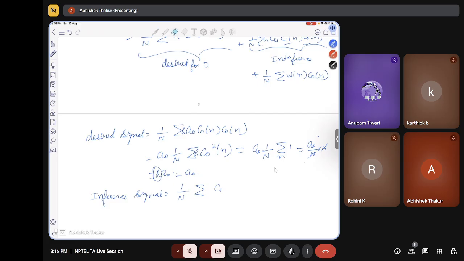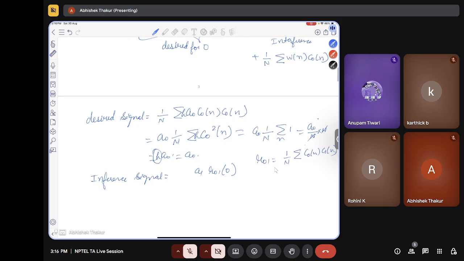We can write this as the correlation R01, so it is A1 into R01. Yesterday we studied that R01 is 1 by N summation of C0[n] and C1[n].